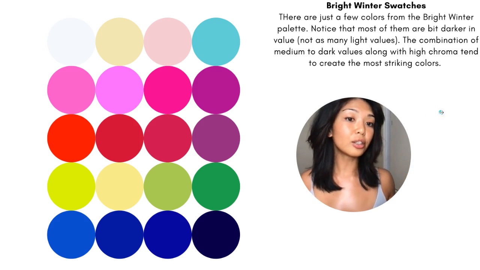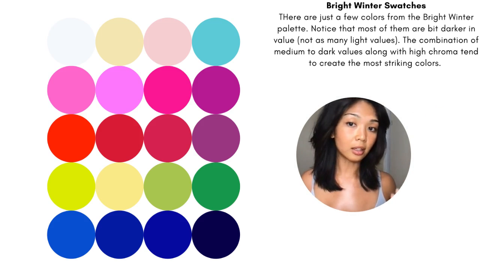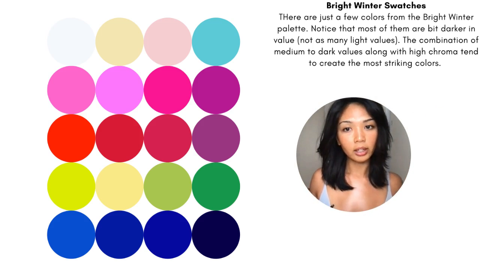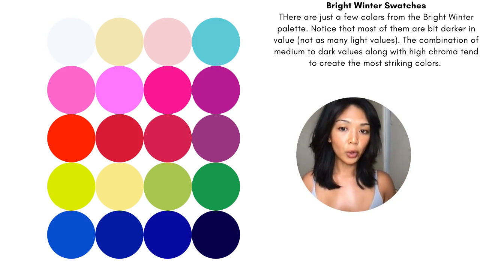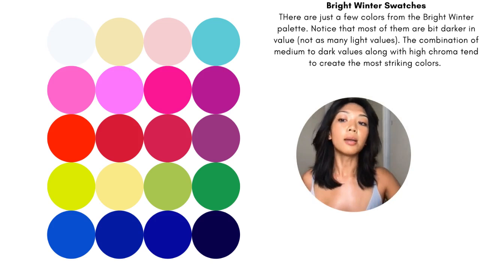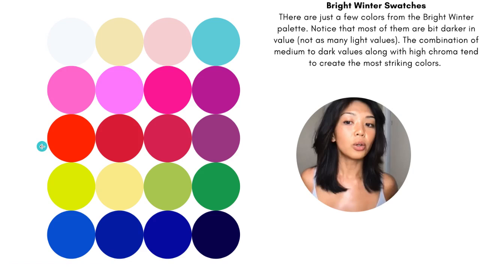Now here are just a few of the colors that I think fall into the bright winter category. Again, a lot of high chroma, more cool colors, some that are just slightly warm, like these lime greens and this slight orangey red.